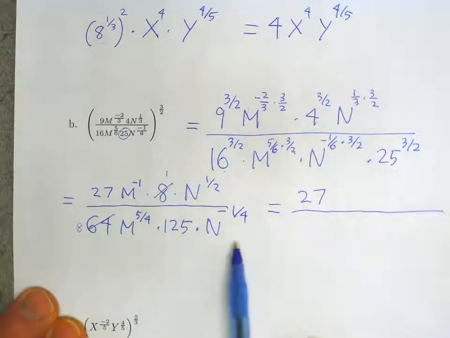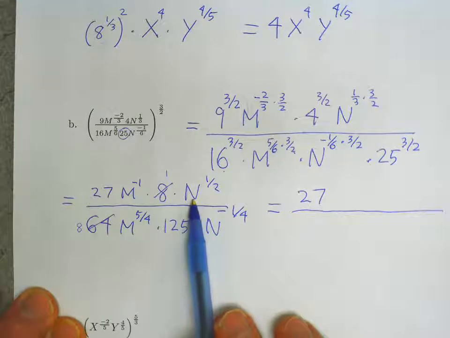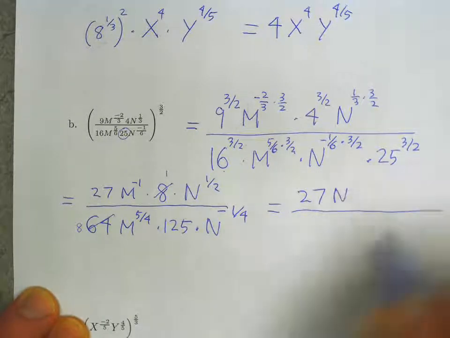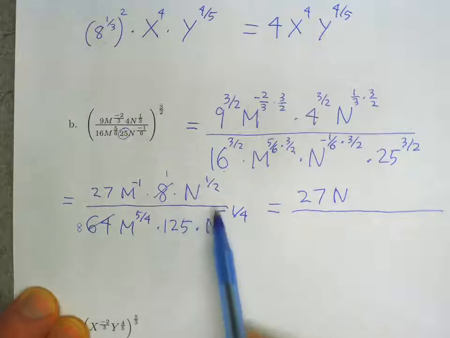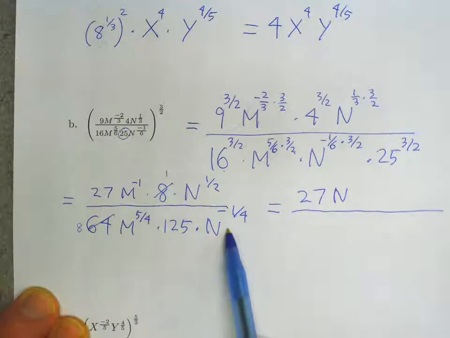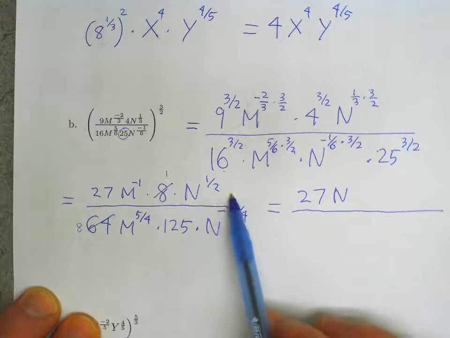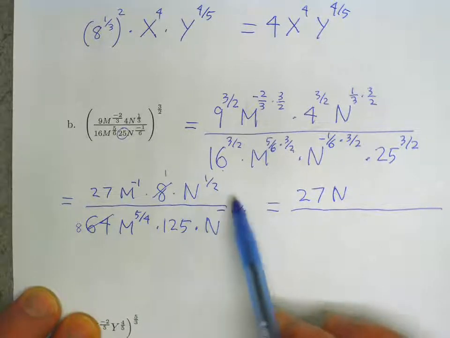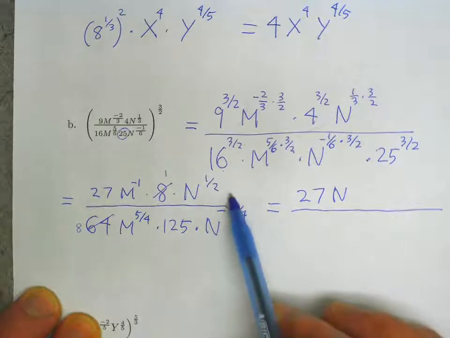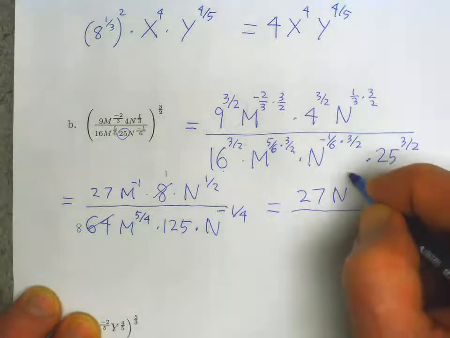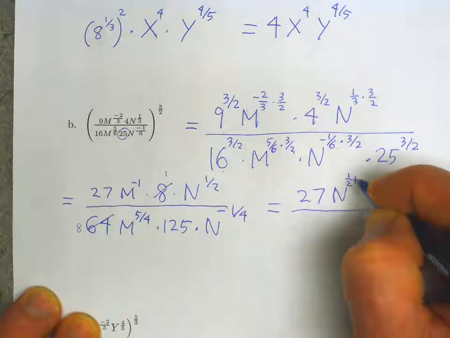And the variable n will be in the numerator. So n to the 1/2 divided by n to the negative 1/4. If we move the term to the numerator, it becomes n to the 1/2 times n to the positive 1/4. And so this will be n to the 1/2 plus 1/4.